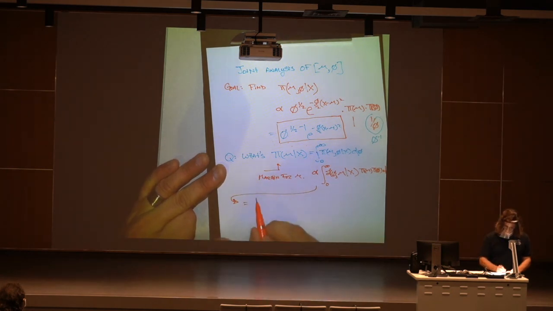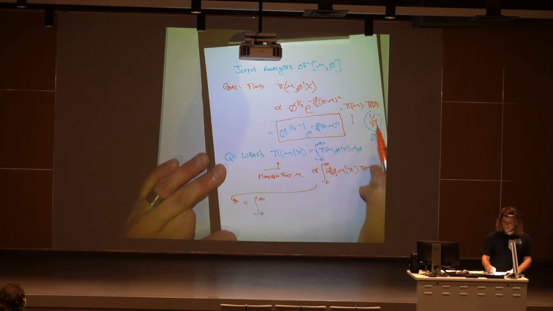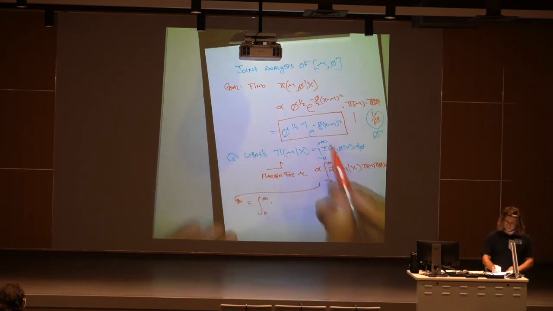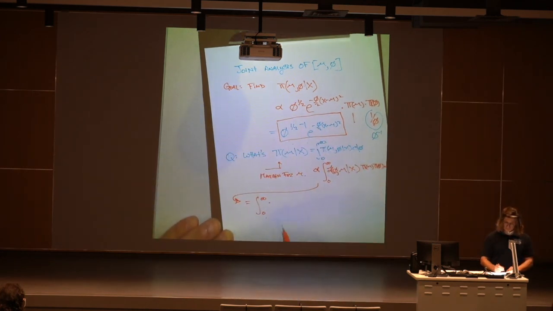So this thing right here is equal to the integral from 0 to infinity of my likelihood function times my prior. So we can do that. I'll just take this thing and I'll plug it in. So this is that function right here that we're putting into our integrand. So this is phi to the 1/2 minus 1, e to the minus phi over 2 times x minus mu squared d phi.